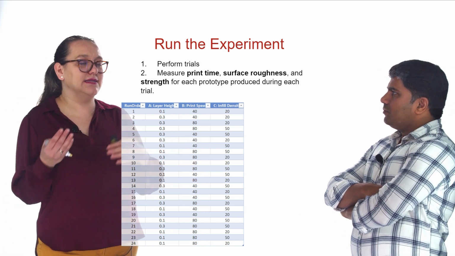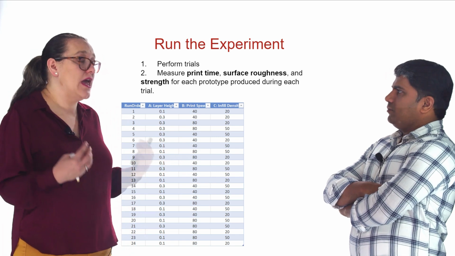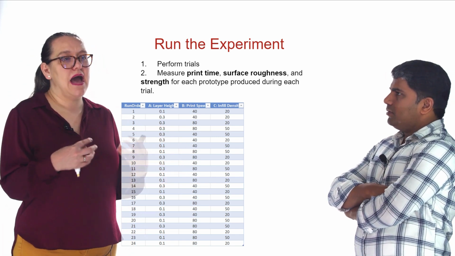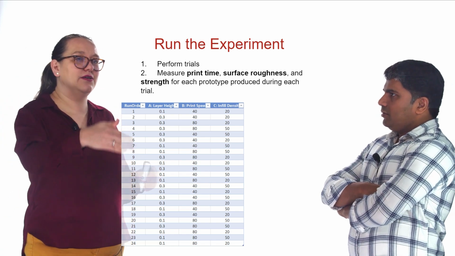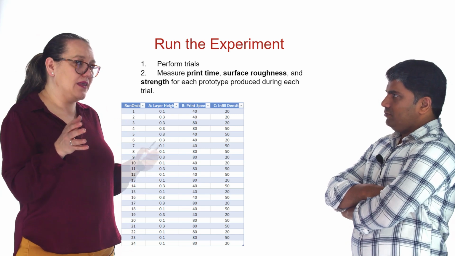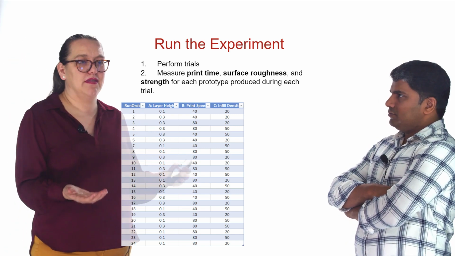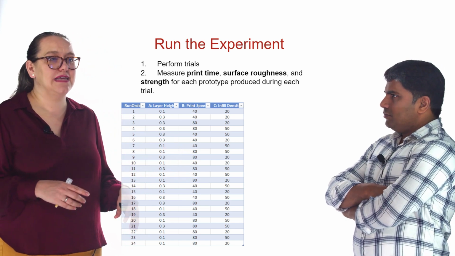Imagine, as we discussed earlier, that humidity or the ambient temperature can affect the product, because these materials absorb humidity. So imagine that first you run all the low values one day, and it was raining, so a lot of humidity. Then next week you perform the rest of the experiment and it was sunny, so really low humidity.